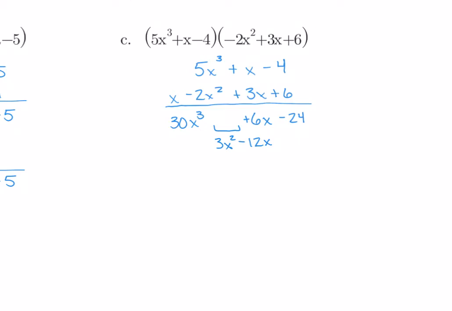I don't want to put it underneath my x cubed terms because they're not like terms, so I'm going to slide over again. I'm going to leave a space right here, and I'm going to slide over one and put my 15x to the fourth in a new column.